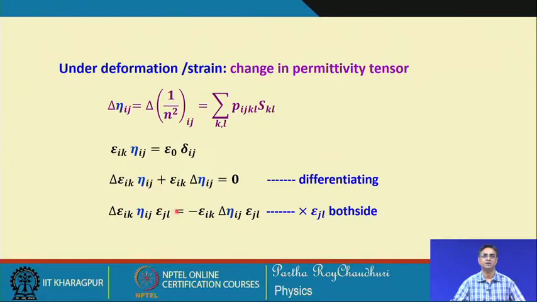Knowing that index ellipsoid we can calculate the change in the refractive indices individually in the principal axis system for all x, y and z directions, and that will help us to construct the equation of n x, n y and n z with the periodicity of the acoustic wave. That is, we will see that n x will be equal to some constant n plus or minus some delta n into some cosine of the periodicity of the acoustic wave.